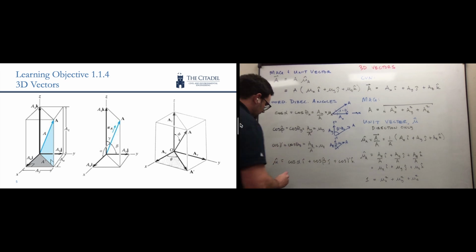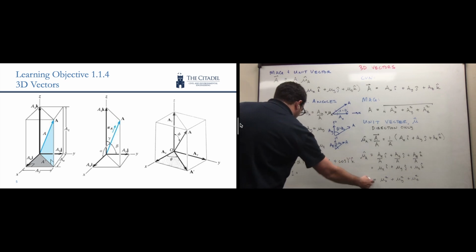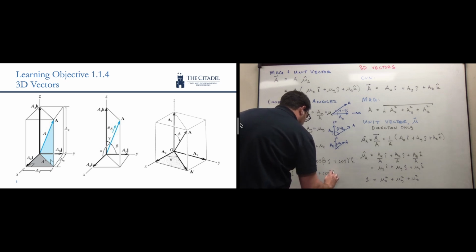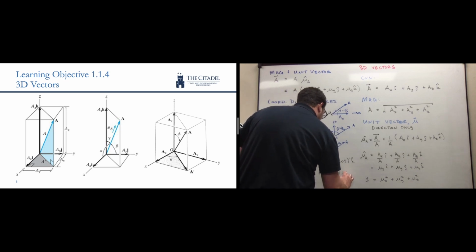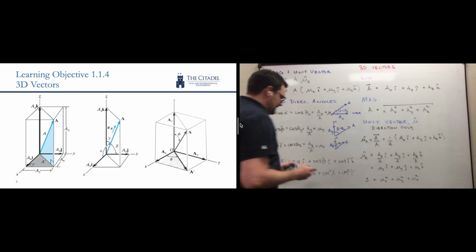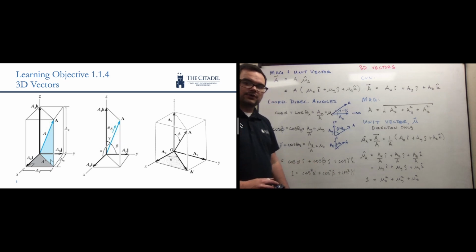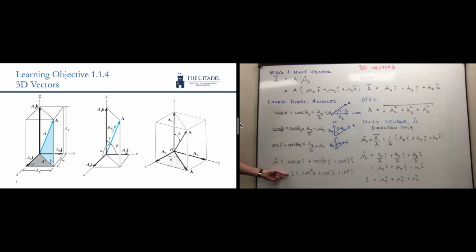If we keep in mind, what's the magnitude of the unit vector? It should be 1 long, which means that I can also substitute these values into this equation. So cosine squared alpha plus cosine squared beta plus cosine squared gamma means that if I know two of these angles, I can actually solve for the third using this equation here. So that gives us our coordinate direction angles.